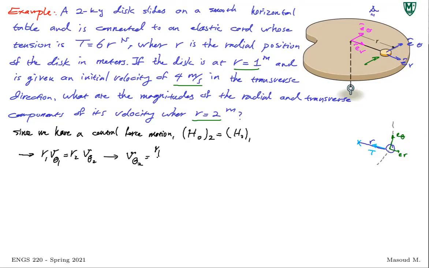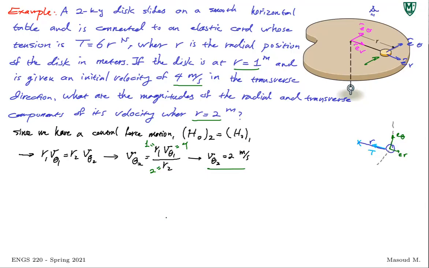That would be R1 V_theta1 divided by R2. R1 being 1 meter, R2 being 2 meters, V_theta1 is 4. So you get V_theta2 is 2 meters per second. This is the transverse component of velocity at point 2.